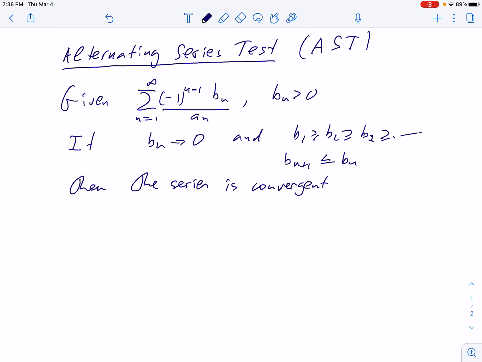Okay, let's see some examples. Look at the series. Here on the top I shall write (-1)^(n+1), square root of n+1 here, and it goes from 0 to infinity.